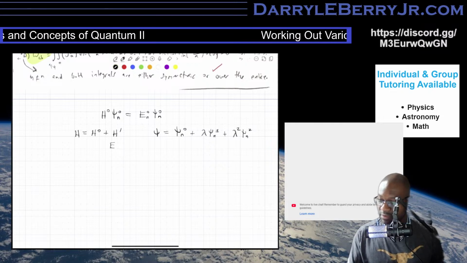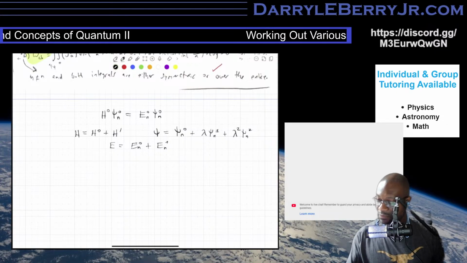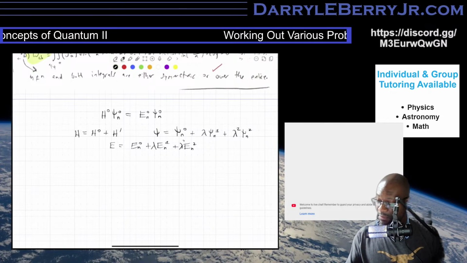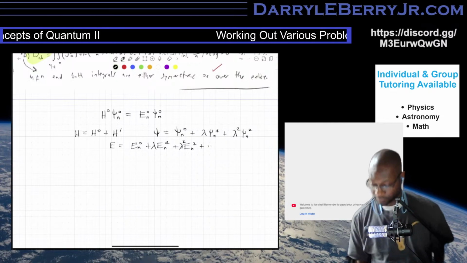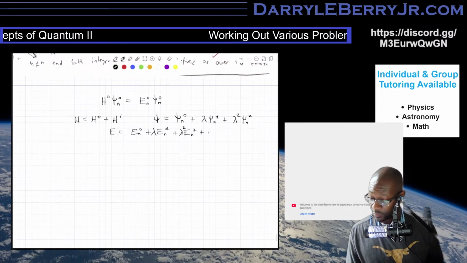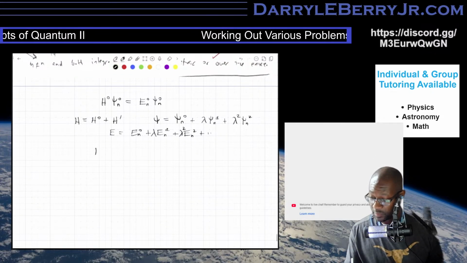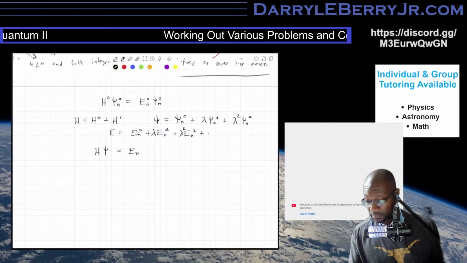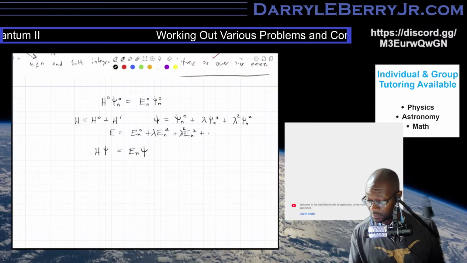And we have a new energy, which is En naught plus En1 plus En2 squared, and so forth. So if we wanted to get the perturbed one, it'll be H lambda psi equals En lambda psi.